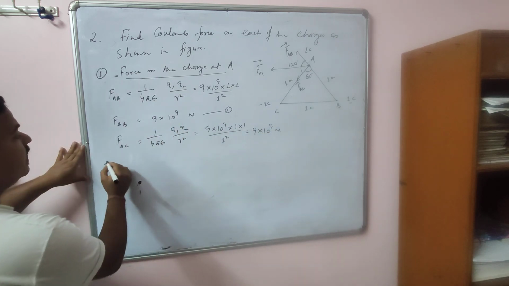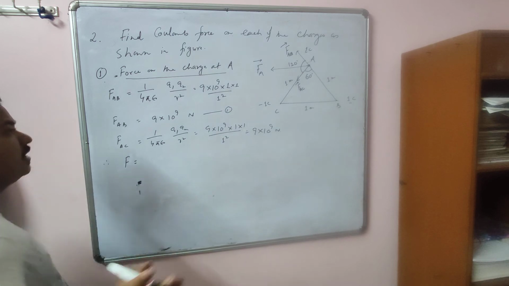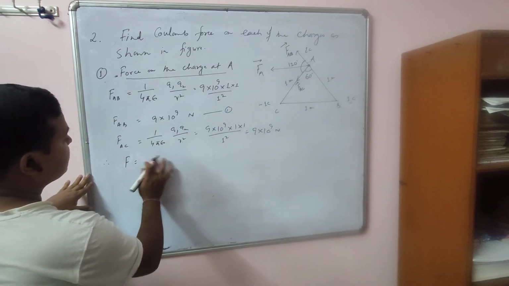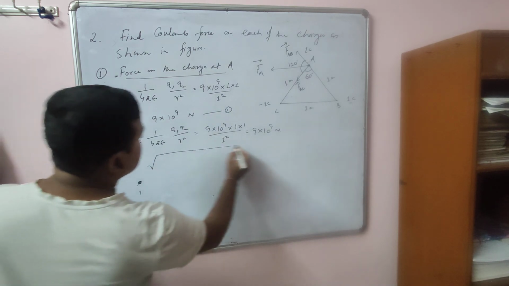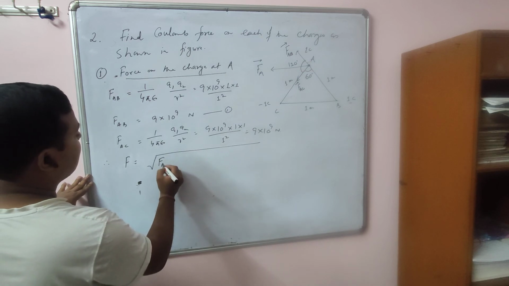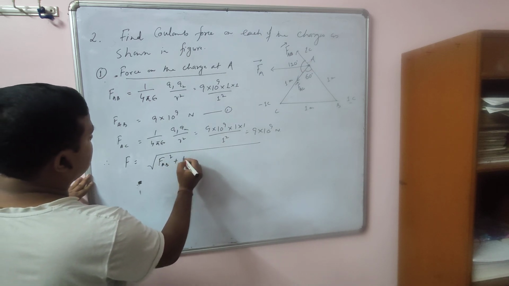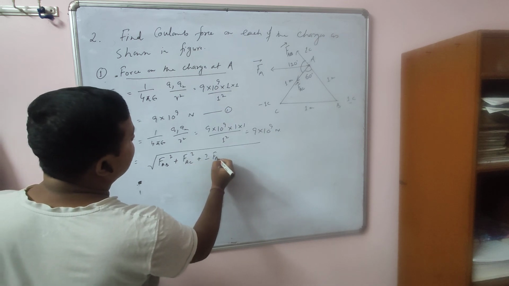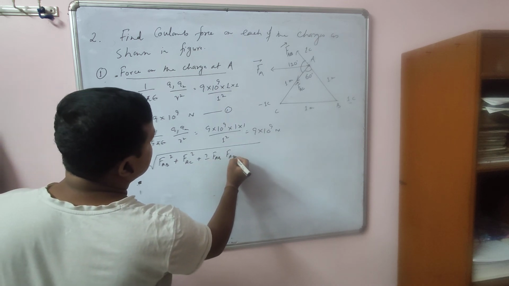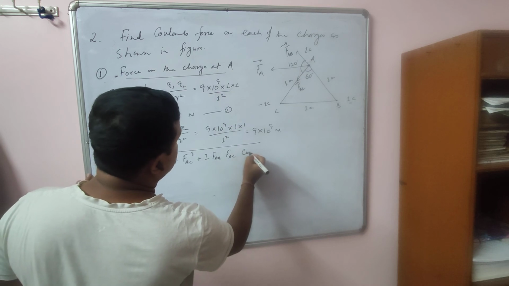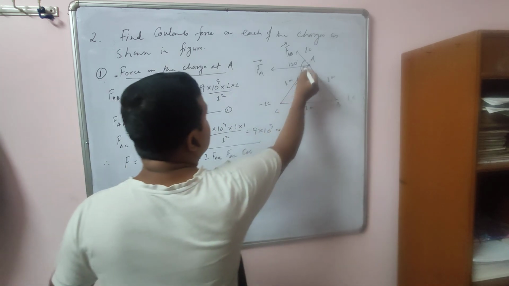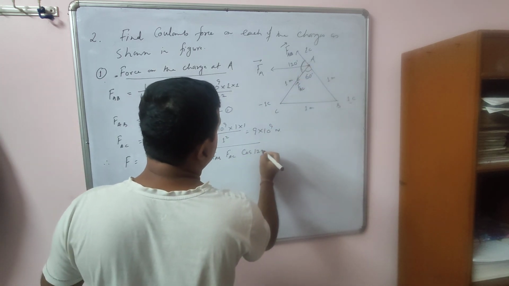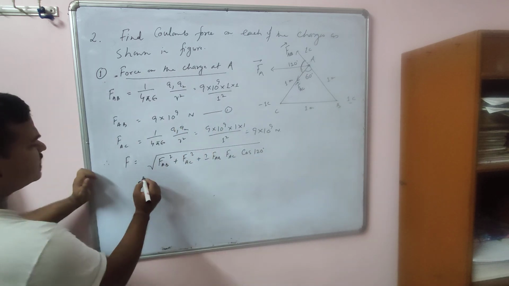Now we find the total force. You apply the vector law. I think you remember, I have already discussed it in class 11. So it is F AB square plus F AC square plus 2 F AB F AC cos theta. What is theta here? Theta is 120. The rest you can calculate.